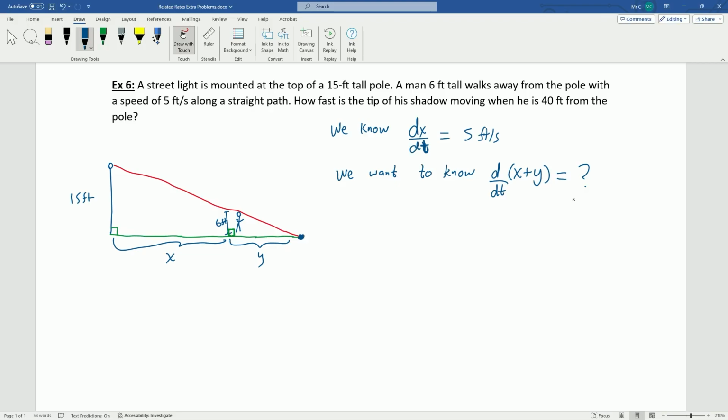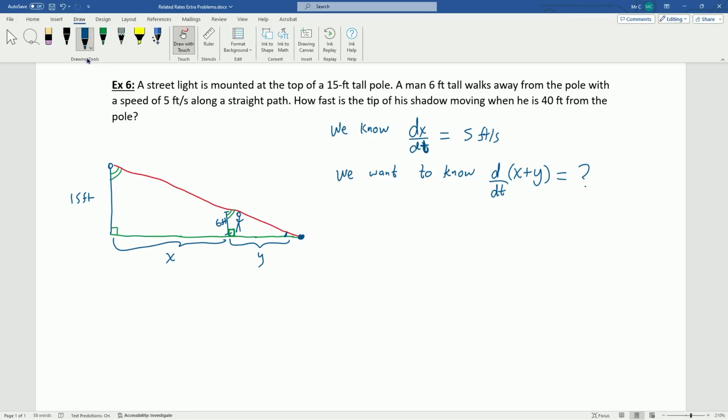So now what I need to figure out is, how can I relate x and y together? Well, we've got two similar triangles here, right? We've got a base angle that's shared by both triangles. They're both right triangles. That means that these angles will also be congruent. And so if all three angles are congruent, these are similar triangles.